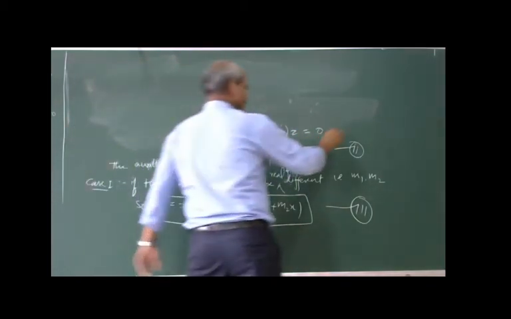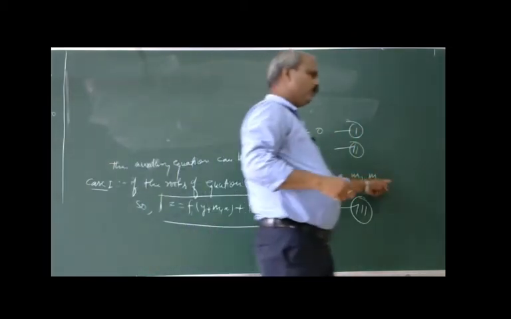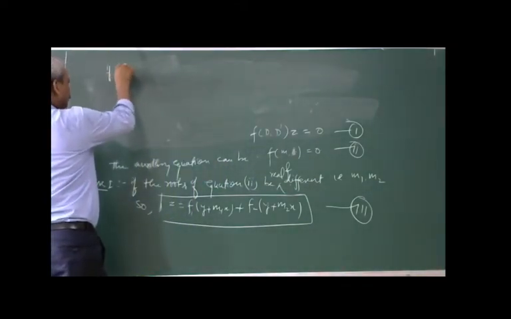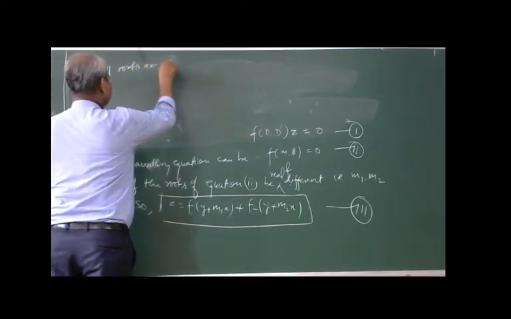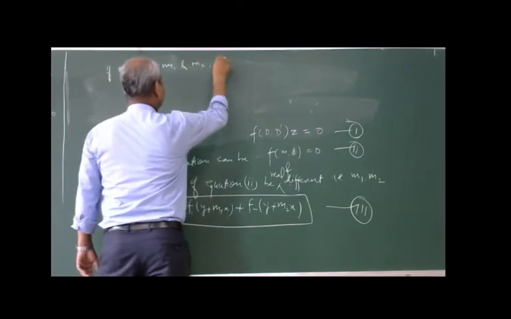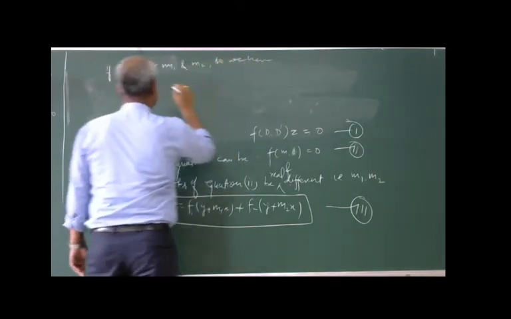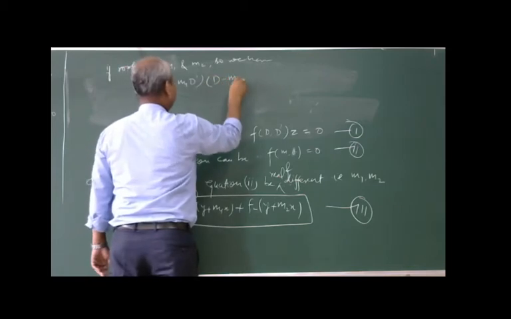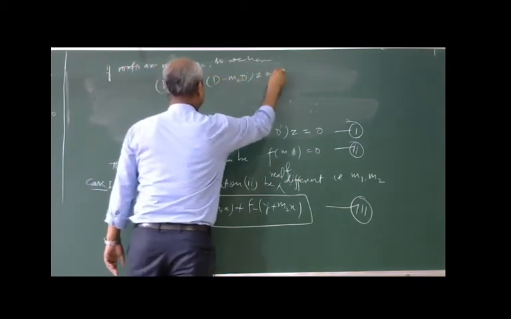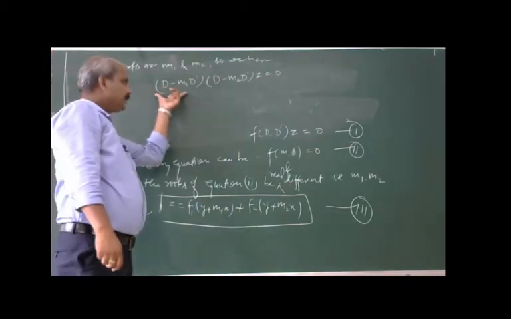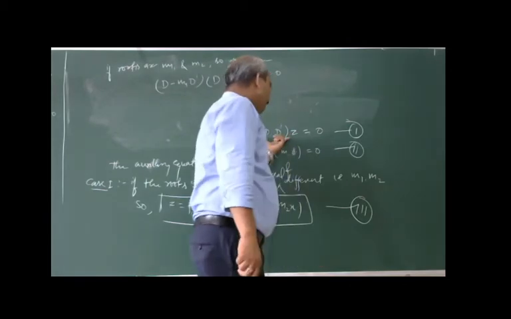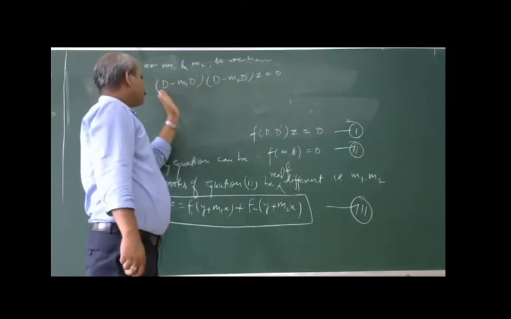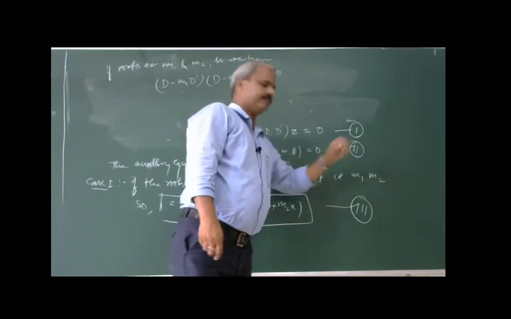If the roots of this equation are m1 and m2, so we can write (D minus m1 D') and (D minus m2 D') z equal to 0. यदि m1 और m2 किसी इक्वेशन के रूट हैं तो हम इसे इस फॉर्म में लिख सकते हैं, क्योंकि इसको सॉल्व करने के बाद आपको m1 और m2 ही फाइंड आउट होगा.